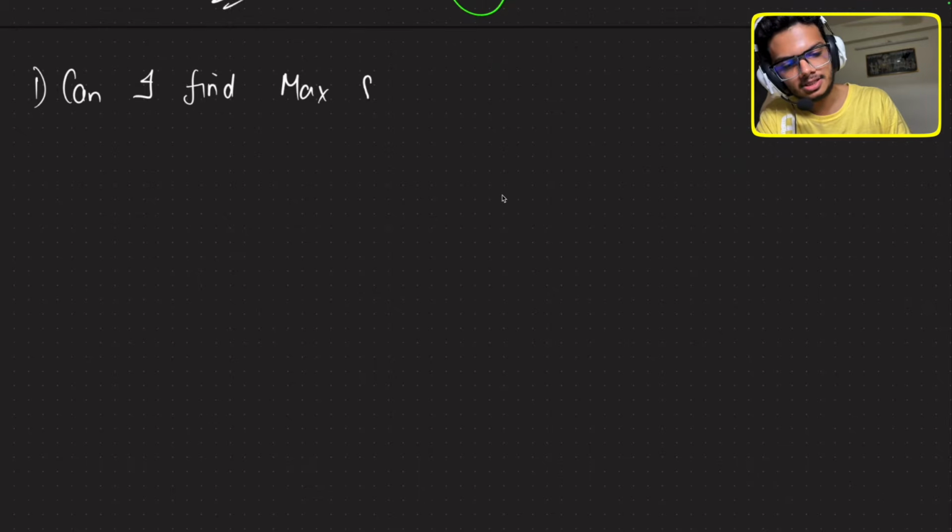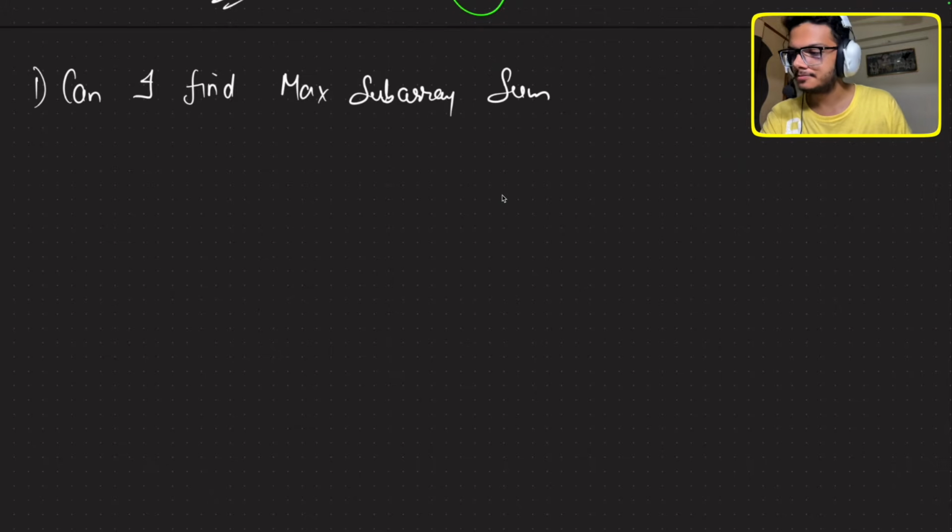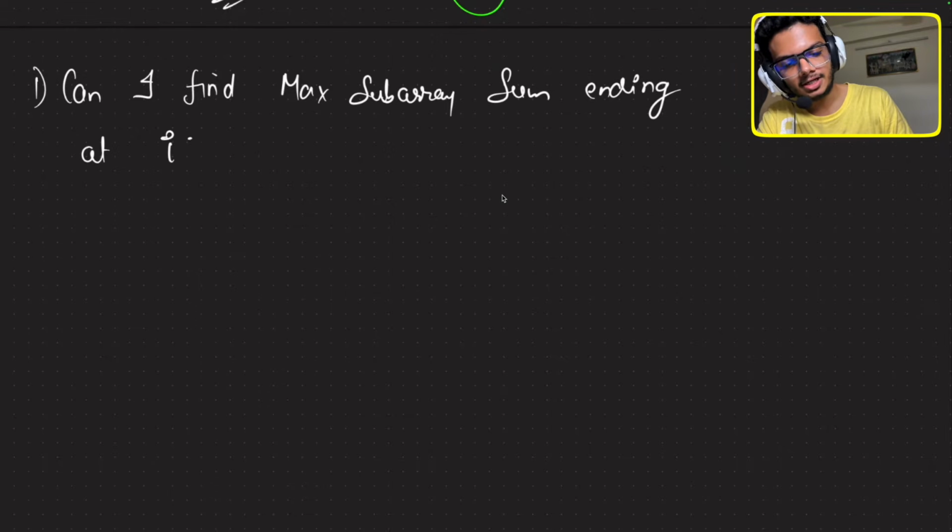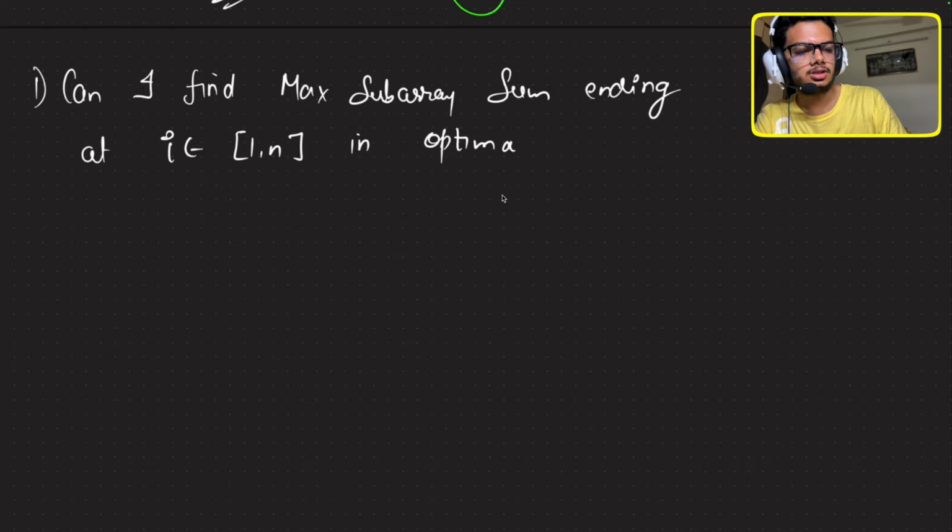So if we cannot do brute force, then what we try to think is, can I find the maximum subarray sum ending at a given i, which belongs to 1 to n, in optimal time, right? So this is a recurring theme in subarray based questions. Can I find the maximum subarray sum ending at i for all i belonging to 1 to n?